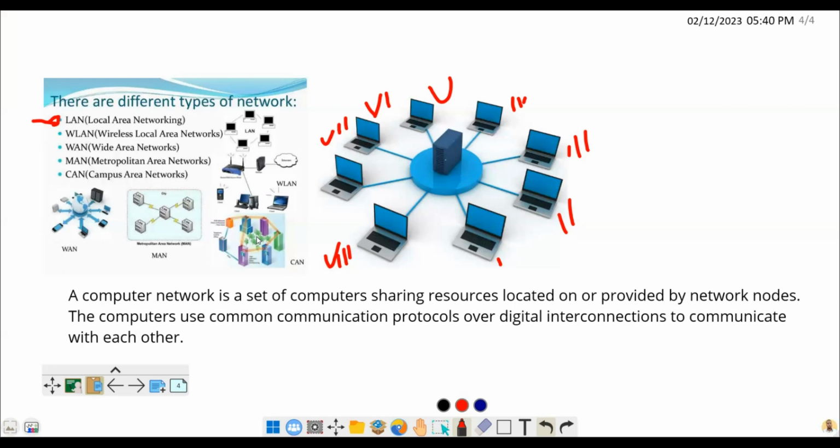Then we shall explore the wide area network, where we talk about the internet, and we have a full course on how to use the internet and the different technologies within it.